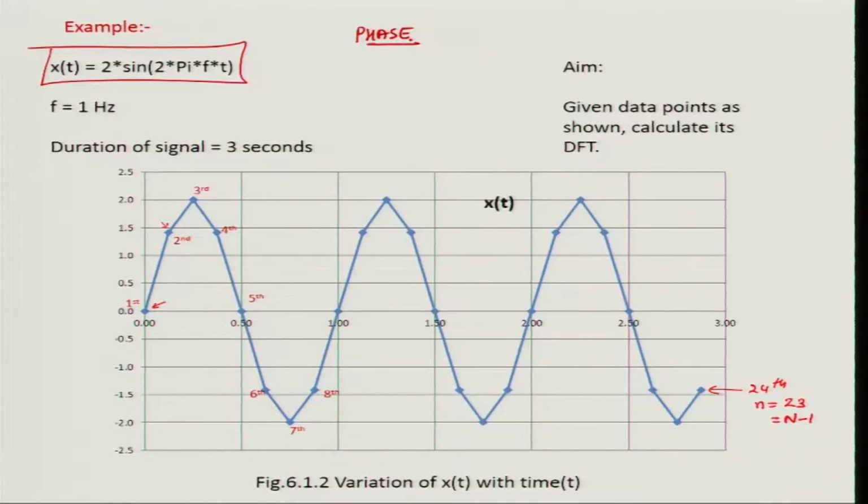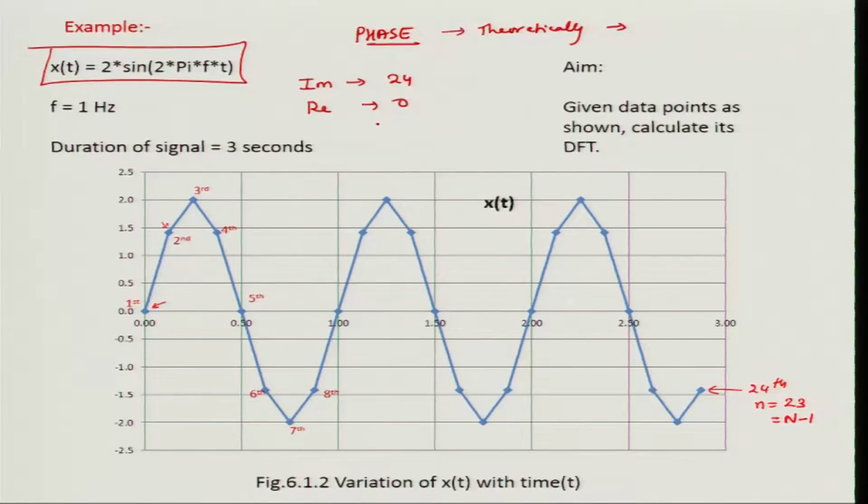We can also calculate the phase of this signal. Now, what is the phase of this signal? Theoretically, let us look at it. The imaginary component was 24, the real component was 0.